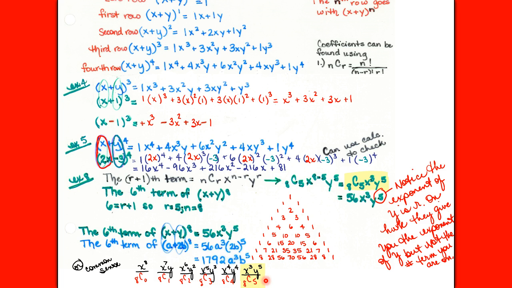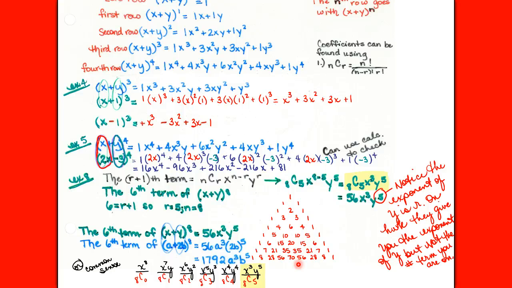So I literally could use common sense and count over to the 6th term on the 8th row and get 8C5, and then I could go back to using our formula up here. We did that on number 21, 8C5 was 56. So whether you use the formula nCr to get 56 or you build the triangle down to the 8th row, we've got the 56, right?